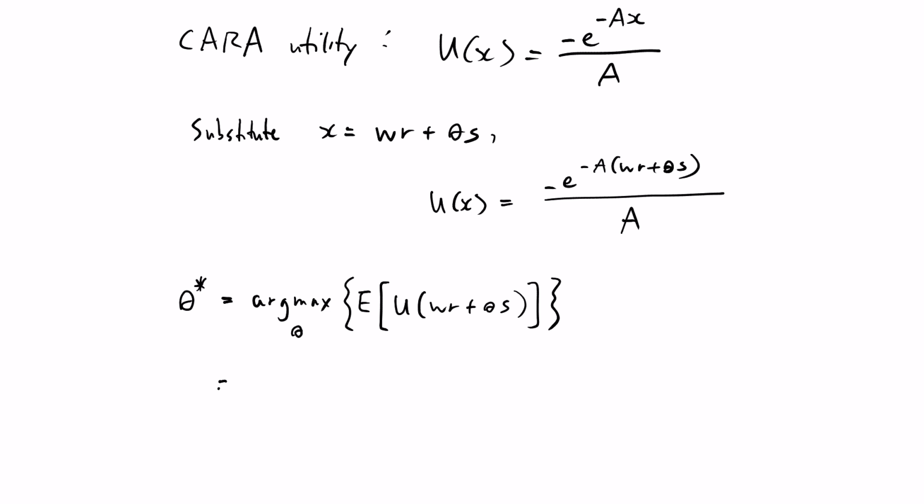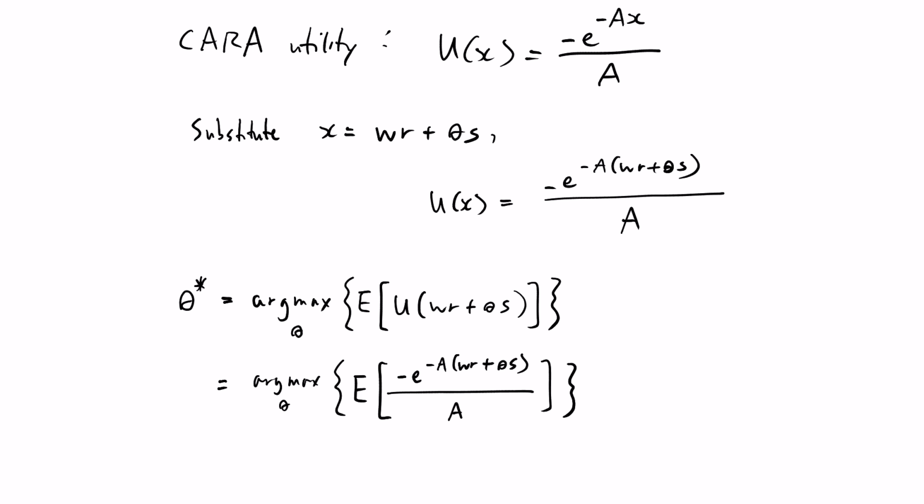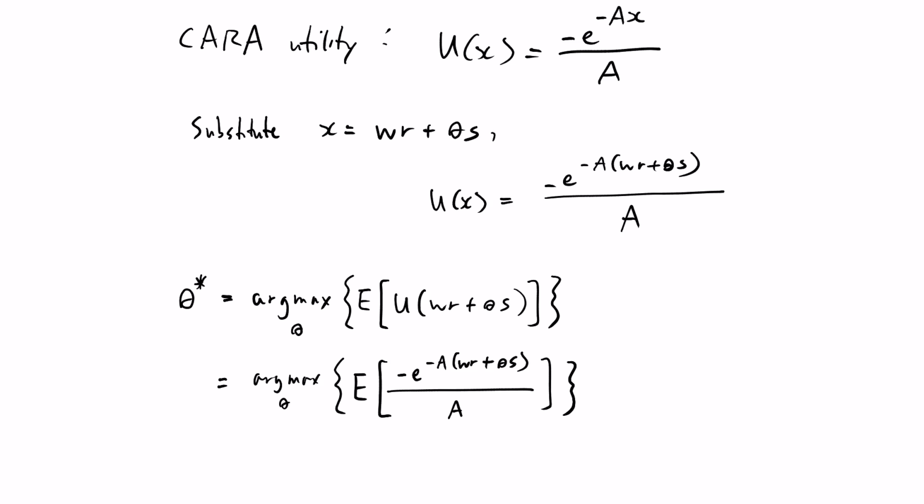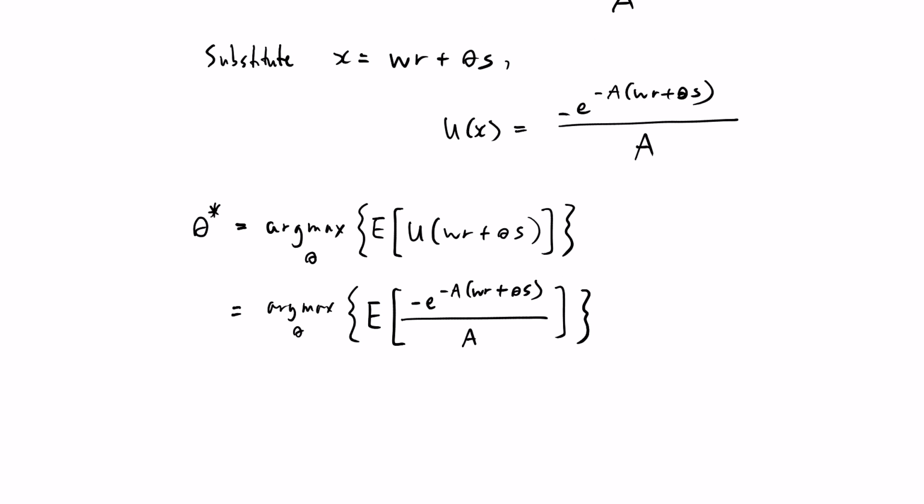The first step is to just write down the utility function too. So it's the expectation of what we have here, negative e to the power negative a times (WR plus theta s), over a. The a doesn't really affect anything in this maximization problem, nor does the negative.